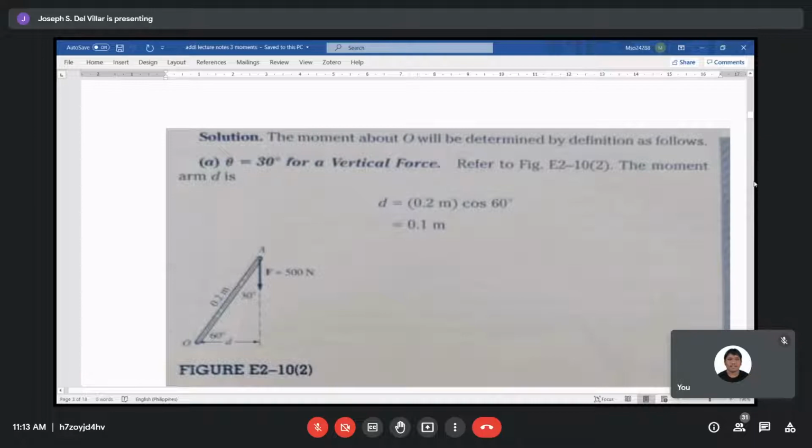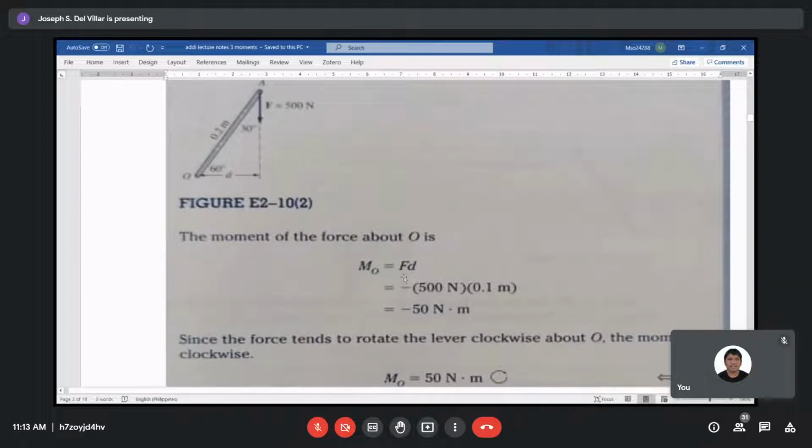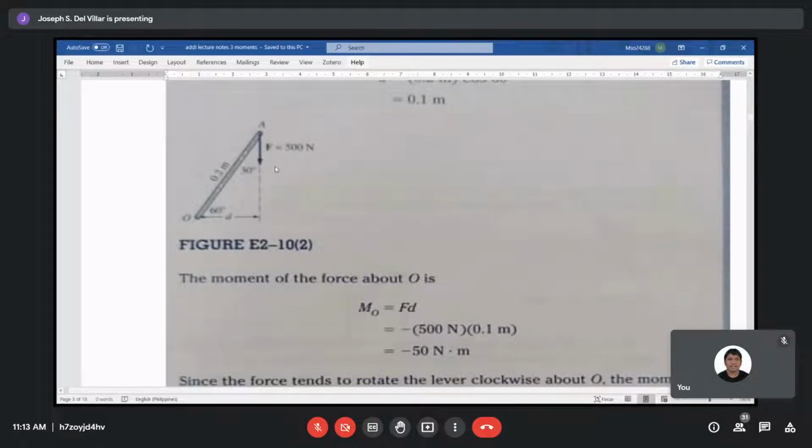So 0.2 is 1/5 times 500, so that is 50. Similar to this. Okay? So parehas lang ang result. Whether you retain the force, etong ginamit dito sa libro, ni-retain niya yung 500 Newton, kinuha niya yung distance na perpendicular sa line of action of the force.